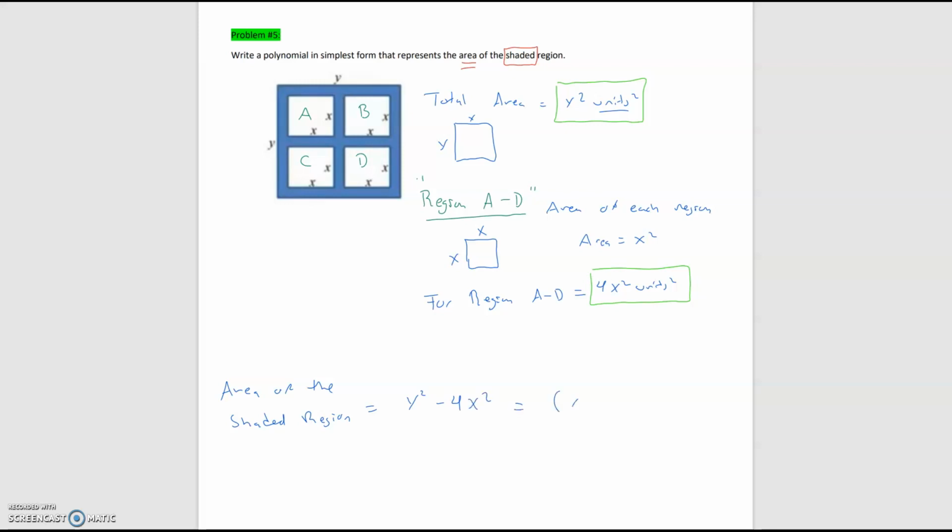Or I'll rewrite it as parentheses y squared minus 4x squared, and this will be units to the second power. Let me fix this y.